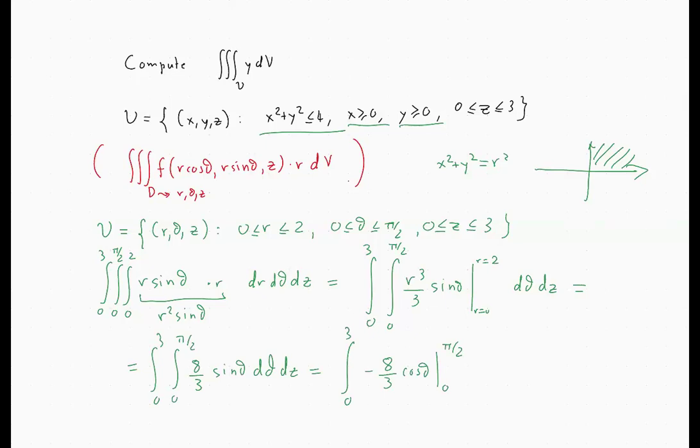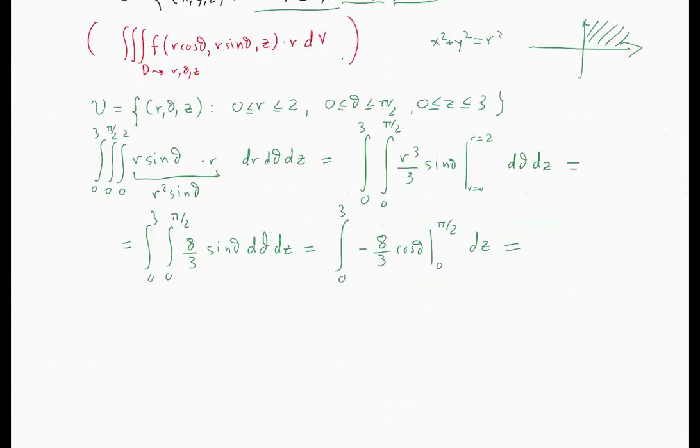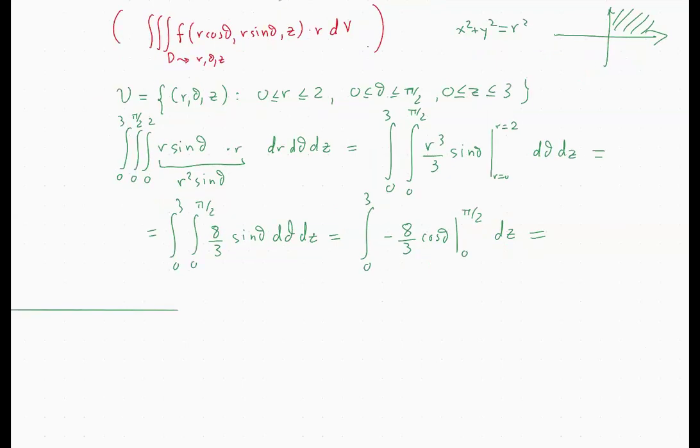In any case, here cosine of pi over 2 is 0 and cosine of 0 is 1. So minus negative 8/3 will give you 8/3. And you will have to go from 0 to 3 dz, which really means that it's 8/3 times 3, also known as 8. And that's it.